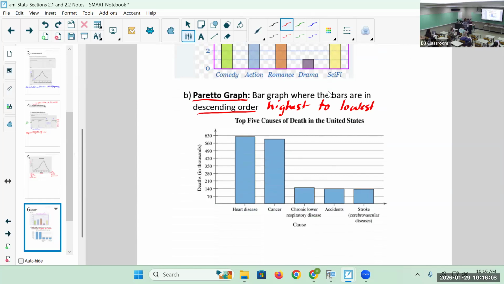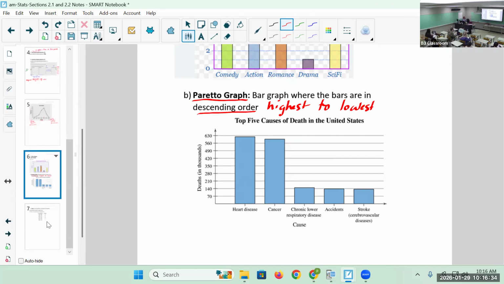You can see because they're the tallest, heart disease and cancer. And of the 5 top causes of death in the United States, which one is the lowest, but still a top 5? Strokes. So there's a reason why you would want to put them in order, and that will be a Pareto graph.